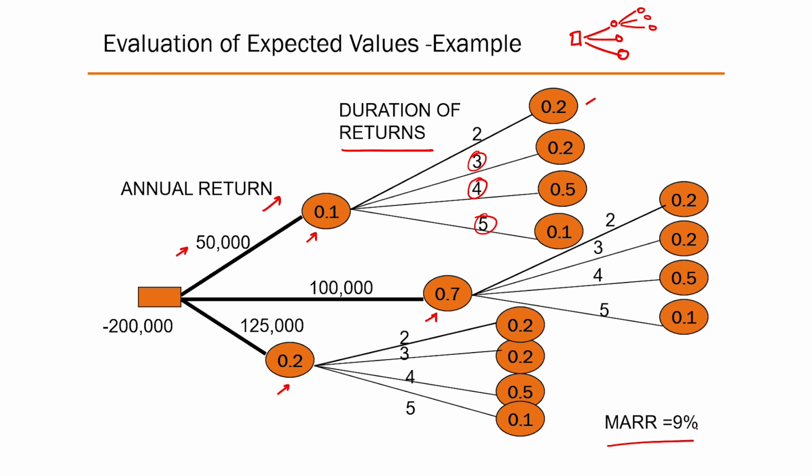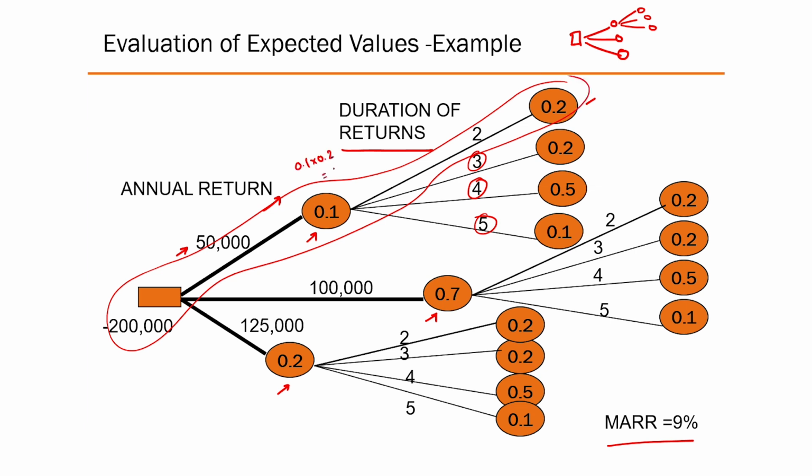Again, in this case, we will go branch by branch. Right. So the probability of this branch becomes 0.1 into 0.2, which is 0.02. And if you were to calculate the net present worth of this particular branch, your cash flow series will become like minus 200. You are talking about 50,000 annual return for 2 years. So whatever the present worth of this particular cash flow series is coming, that will get finally multiplied by this number, right?